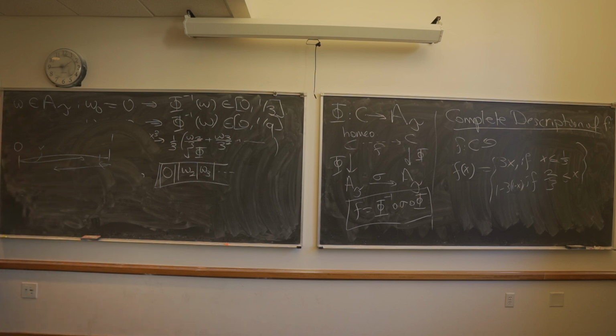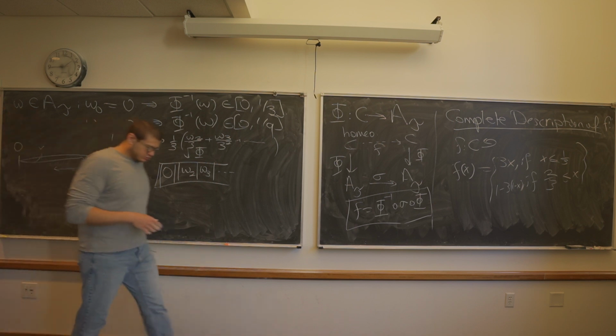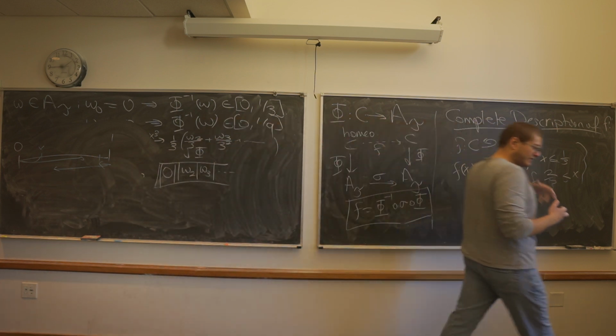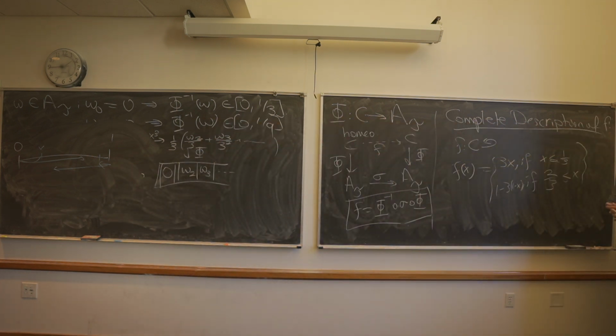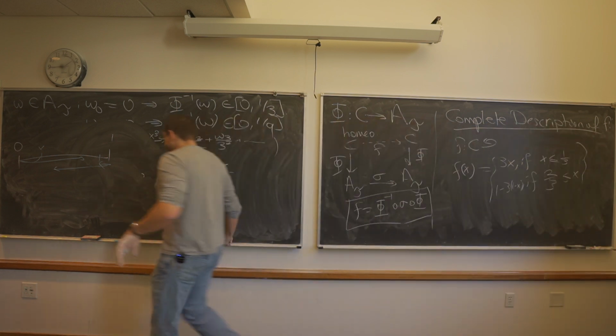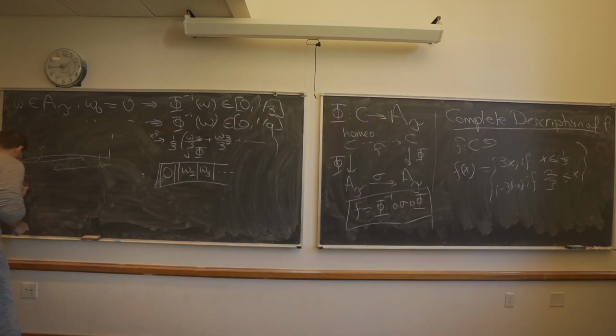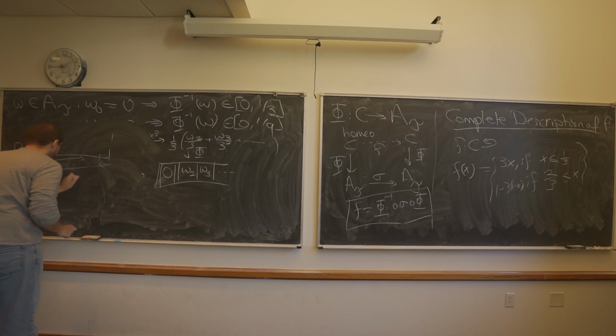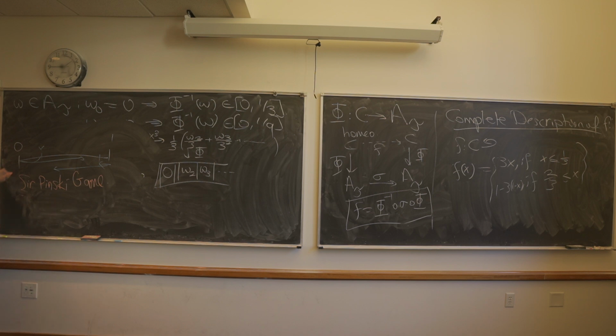So if you look at Schroeder's book, there he's doing this for the Sierpinski fractal, and he calls this the Sierpinski game. This is also the basis of the escape time algorithm that some of you have been looking into.